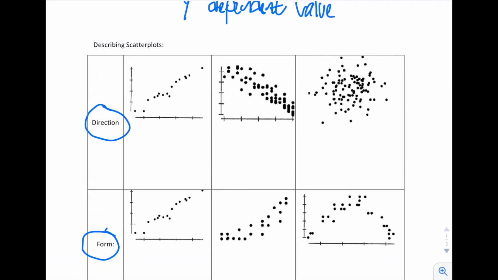With direction, if you can think of a line of best fit, remember for scatter plots, the line of best fit is kind of this imaginary line where we have an equal number of data points above and below that line, kind of right in the middle. And if we drew this imaginary line of best fit, whatever direction that line is going in, so either up or down, that's the direction.